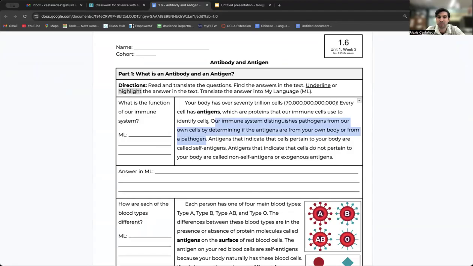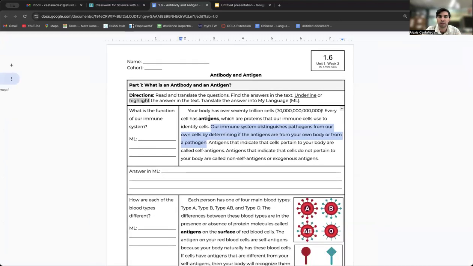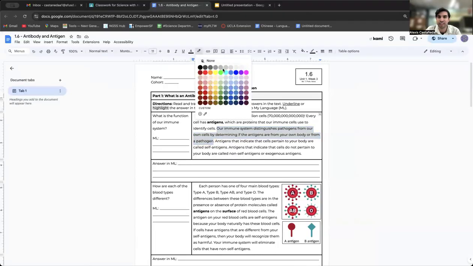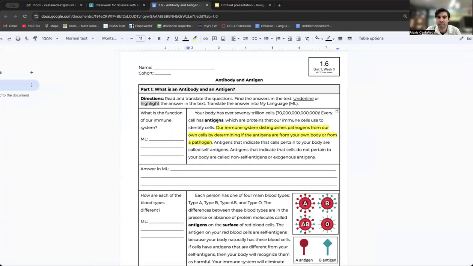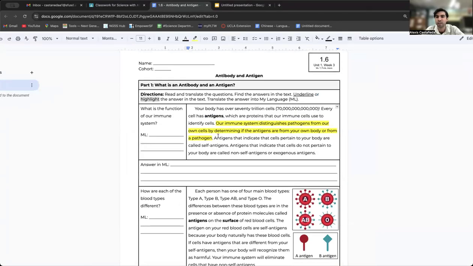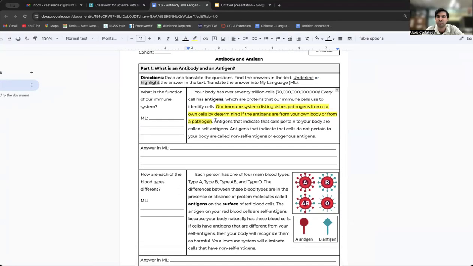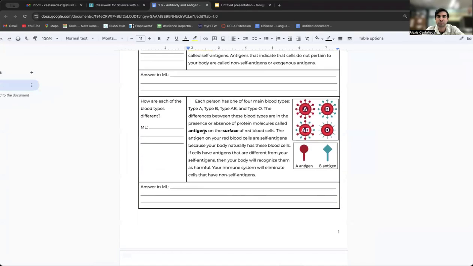It determines whether a cell is something that is going to hurt me, or is my own cell so I can just leave it alone. The function of the immune system is to find the things that can make me sick. The way it does it is it looks at antigens, the proteins that all of the cells have that we can use to figure out if the cells belong to us or not.